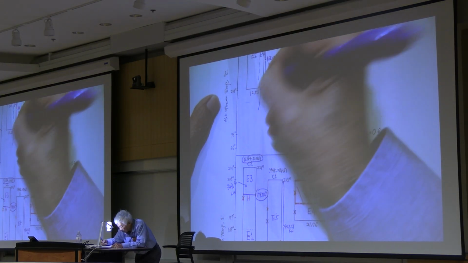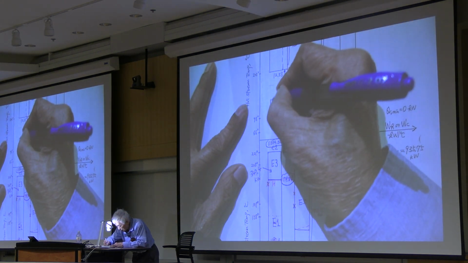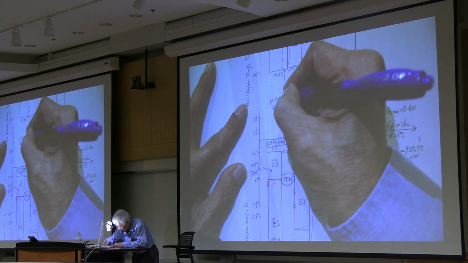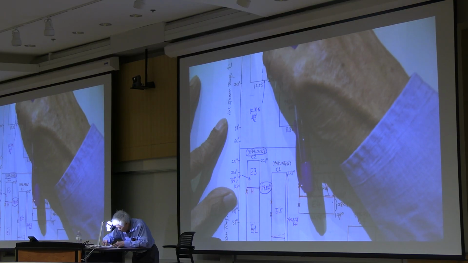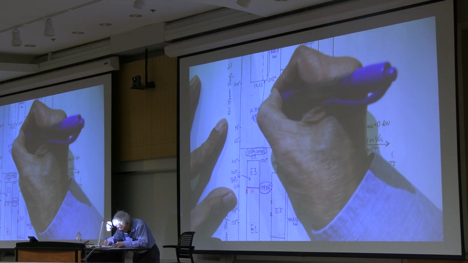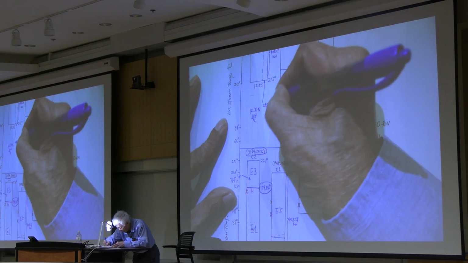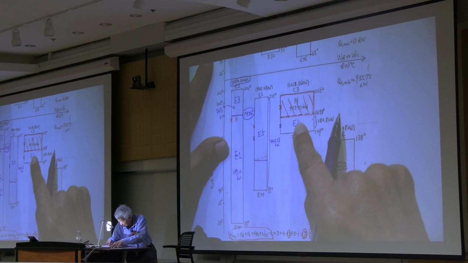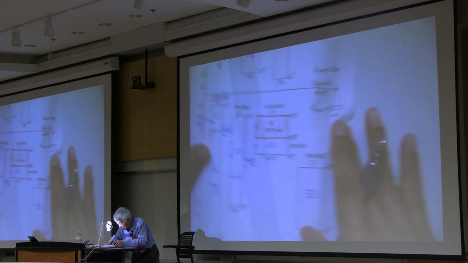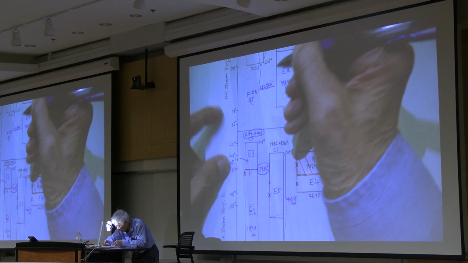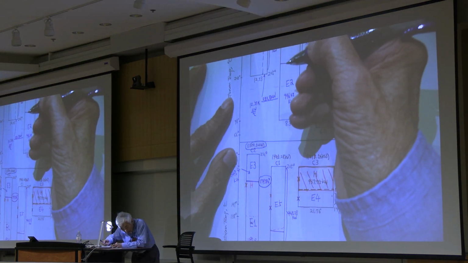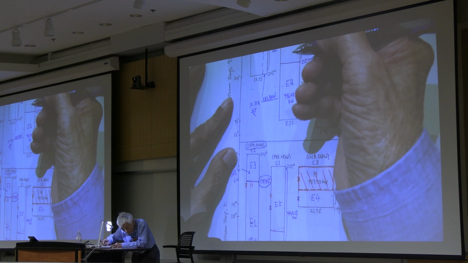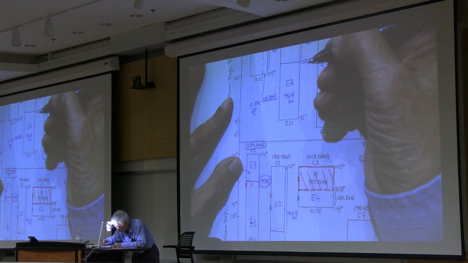This flow rate is 12.53 kilowatt per degree C times E4 is 282.8 kilowatt. I get it from the cold block, 282.8. Over the whole thing is 1315.